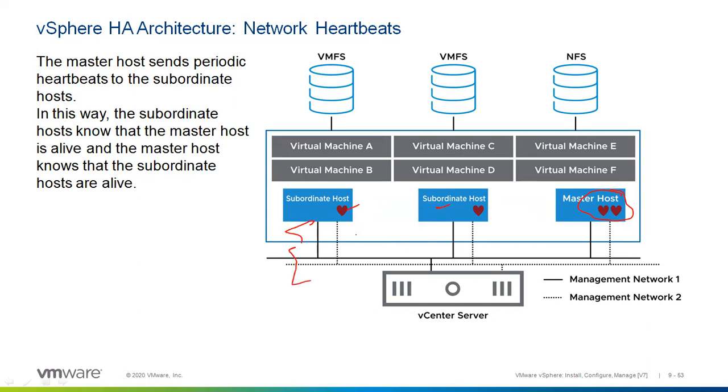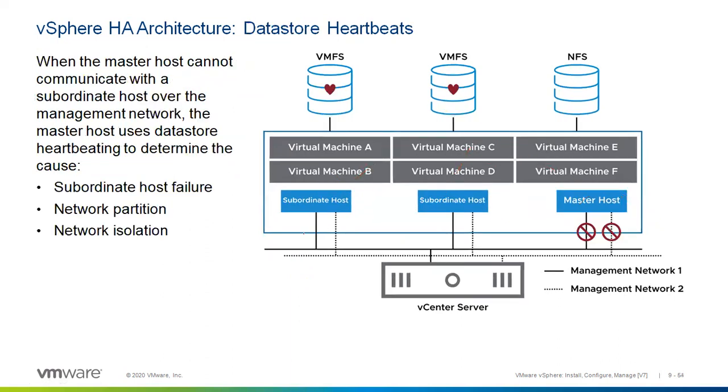But if in any case this is not available, it will start to send the heartbeat from the shared data stores also. But it will always prefer the management network first for your heartbeat network. As I said, the second channel for sending the heartbeat is the shared data store.